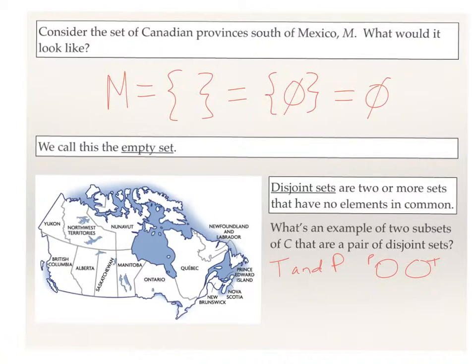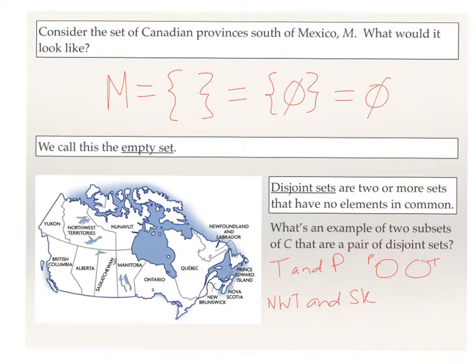Any other ones? Any pair of types of province that wouldn't have any in common? You could just pick two and just have a single one. You could say Northwest Territories and Saskatchewan.